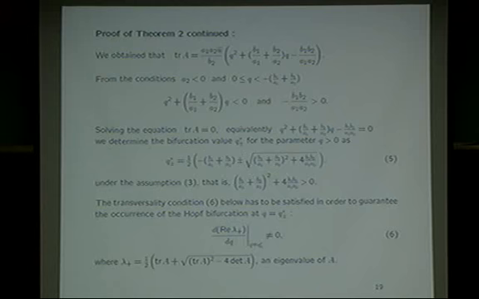After we found this parameter value for the bifurcation, we have to check the transversality condition, which was this. Under the assumption that we put in the theorem, we'll see if this transversality condition is satisfied.